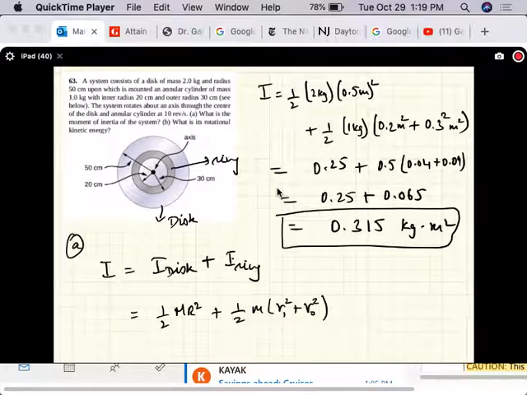Yeah, that's just the formula. If you do an integral, that's how it works out.